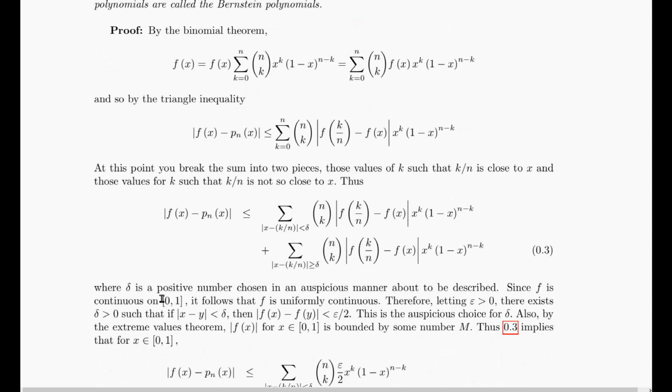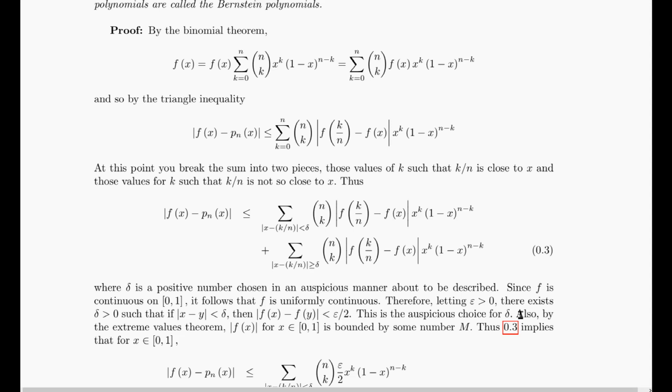Now, since f is continuous on this compact set, it follows that it is uniformly continuous. So there exists a delta such that if |x - y| is less than delta, then this is less than epsilon over 2.